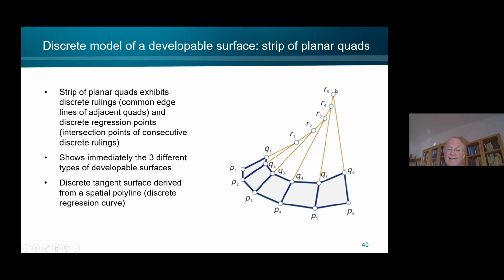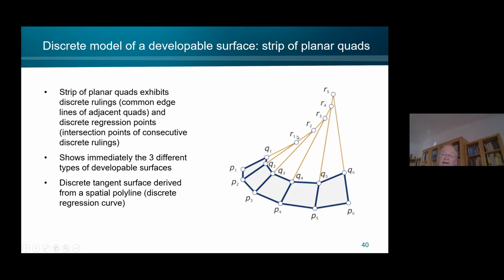So we could see this as a discrete version of a tangent surface, this being the curve which we use to define the tangent surface, and the connection of consecutive vertices, these edge lines or discrete tangents, form the discrete rulings, if you like, of this discrete developable surface.